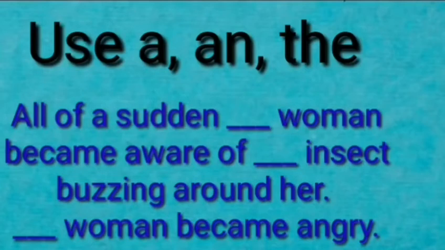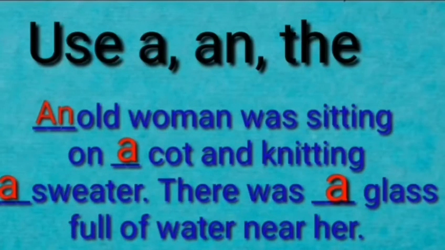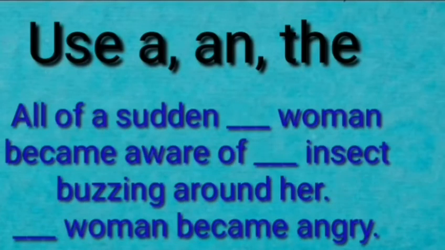We are talking about particular person second time. So we have to use the. The woman became aware of dash insect. Insect was not there in the previous one. So we have to use an, I sounds vowel.